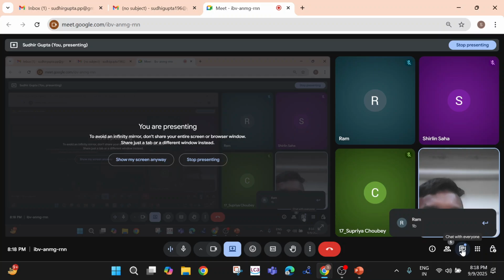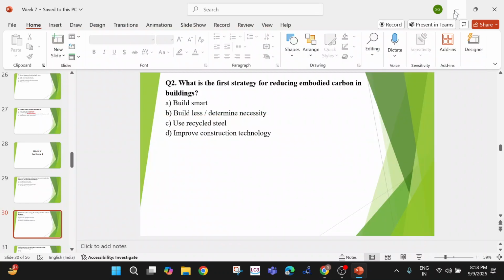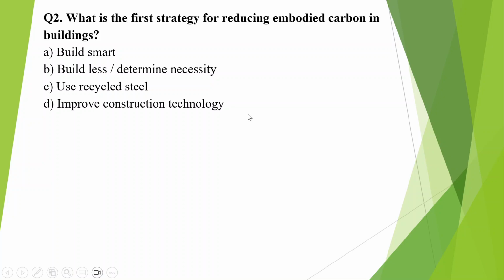As I can see, option B has been marked by most of you till now. Most of you are going for option B, build less and determine necessity, and all of you are absolutely correct. So the first stage should be to build less or determine the necessity, whether there is a necessity of building or not.